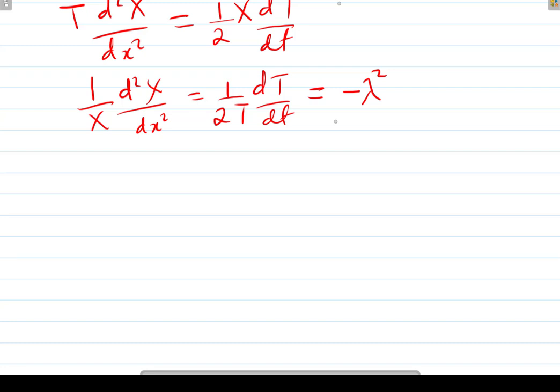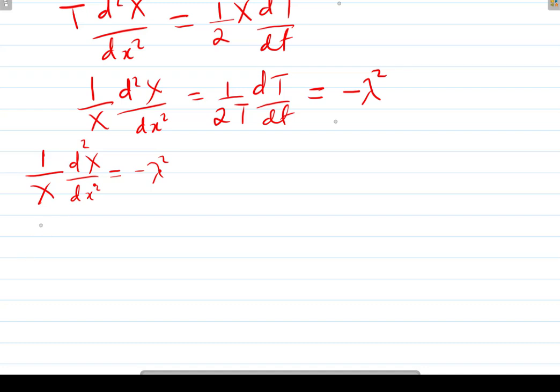And then now we solve. Once we solve this, we separate, so we have 1 over x d squared x dx squared equals negative lambda squared.